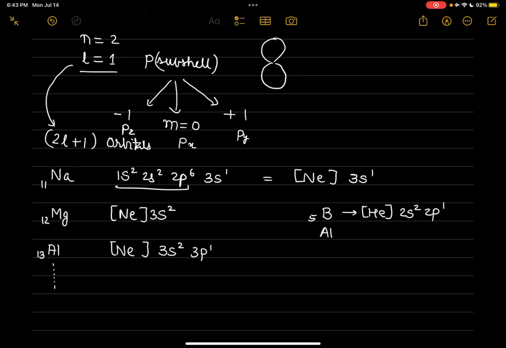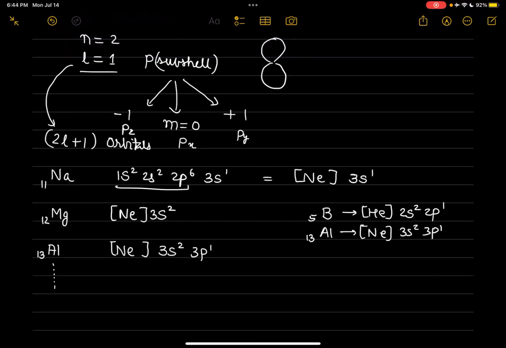Aluminium is the 13th element, so it is neon, and 3s2, 3p1. Most of them, with a few exceptions, have the same type of valence shell electronic configuration.